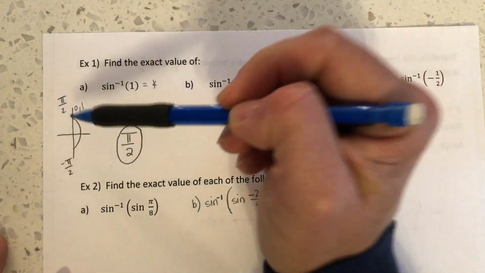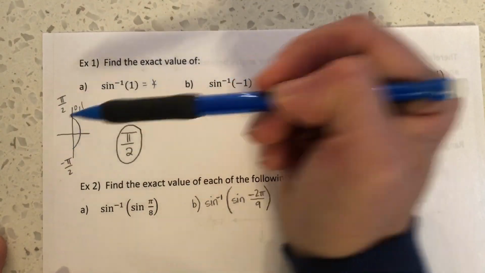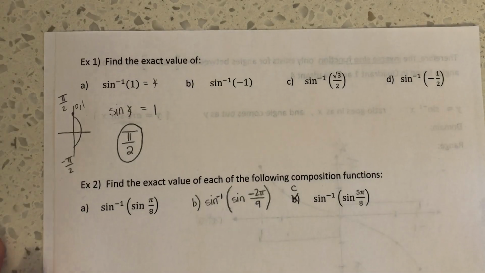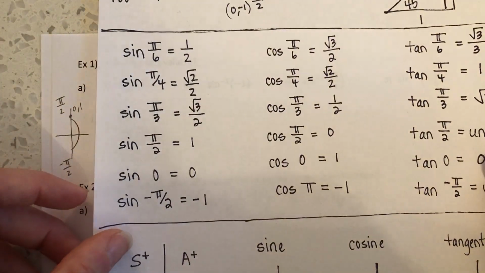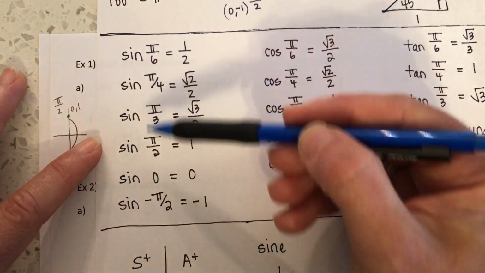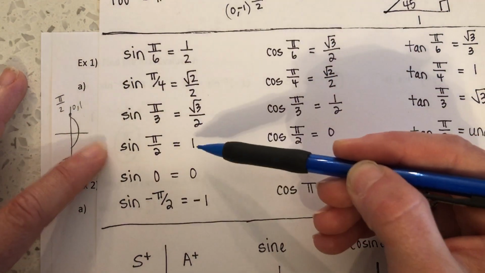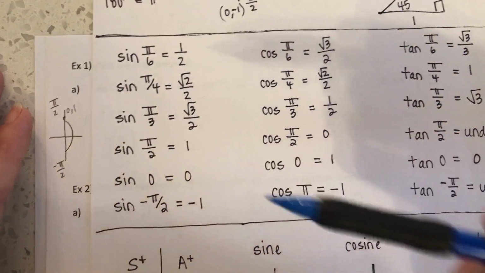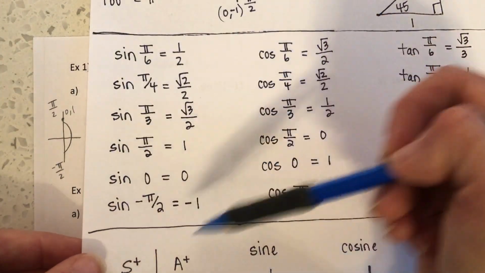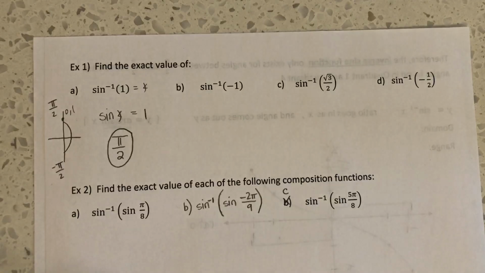As long as pi over 2 is an angle between here and here, it can be an answer to this question. Now again, on my cheat sheet, I tried to give you all of your answers. The sine of what angle had a ratio of 1? Here's a ratio of 1. It was the sine of pi over 2. Pi over 2 is your answer. So I tried to give you your cheat sheet here.